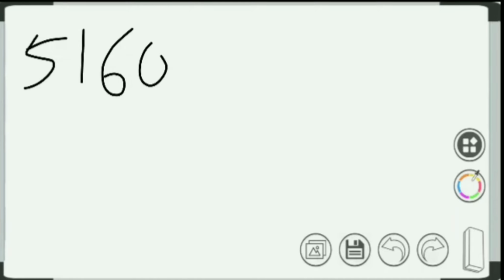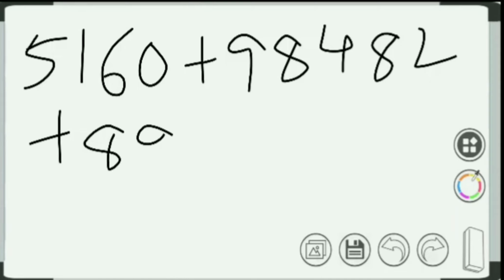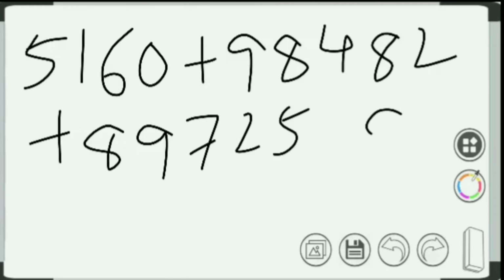Next, we want to calculate the remainder when the number 5160 plus 98482 plus 89725 is divided by 8.